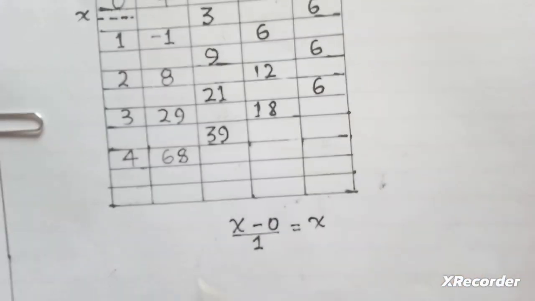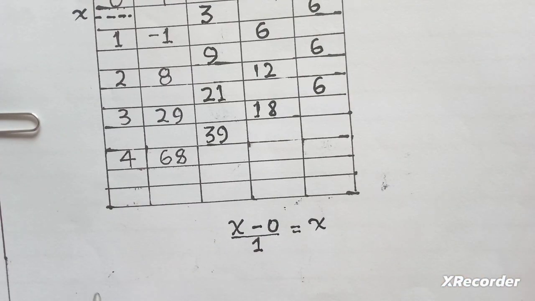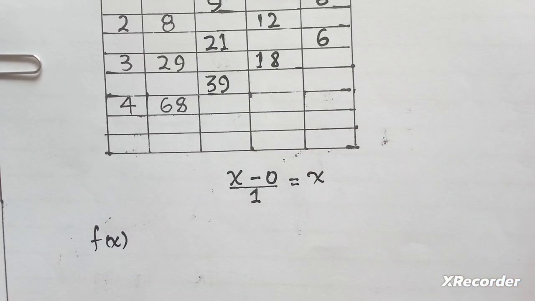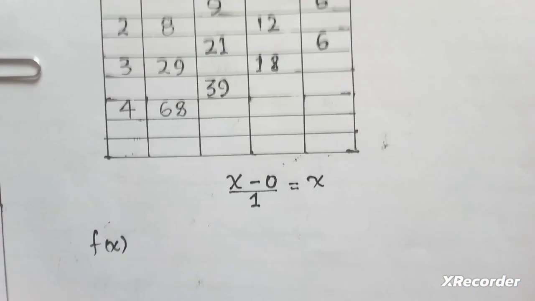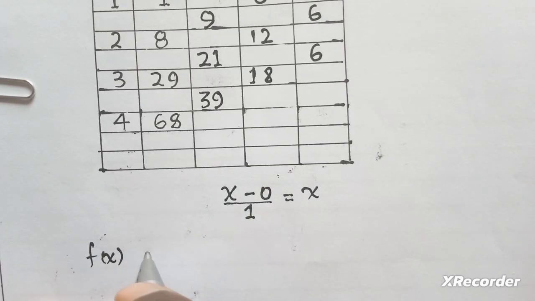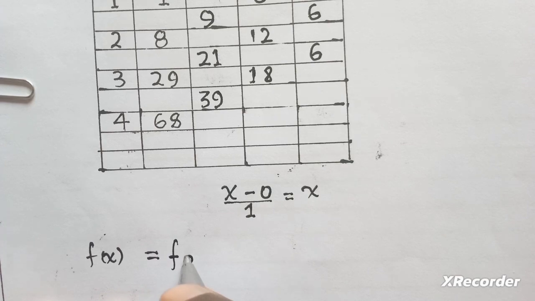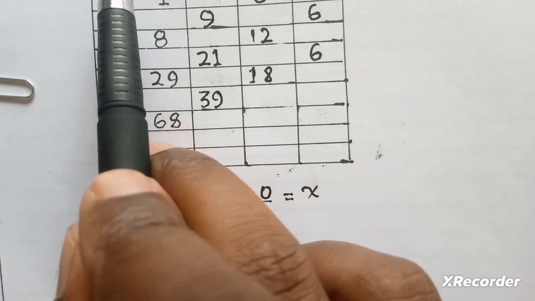And so in our equation, guys, we shall write it like this. F of X, like that. Then we start with F0, that is our initial condition.